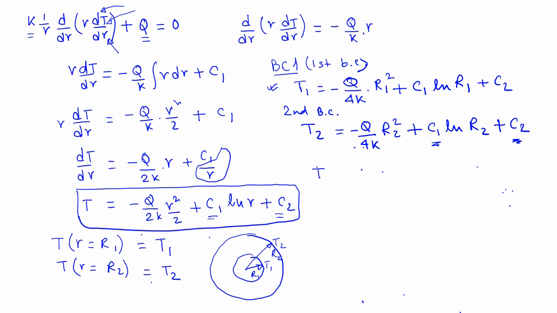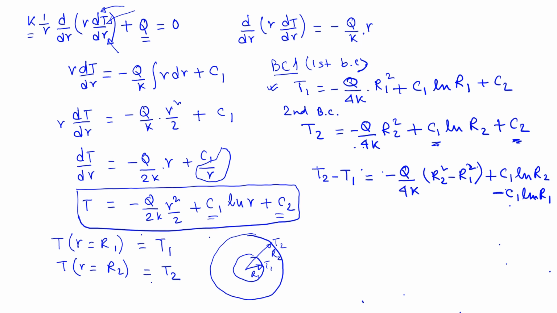So we get T2 minus T1 is equal to minus q over 4k times r2 square minus r1 square plus c1 natural log of r2 minus c1 natural log of r1.